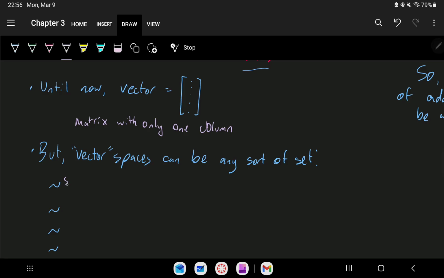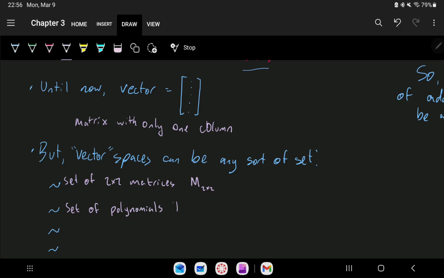That could be a set of 2x2 matrices. This is a common one. I'm going to call that capital M with a little 2x2 subscript. Another really common one we see in this chapter is the set of polynomials.